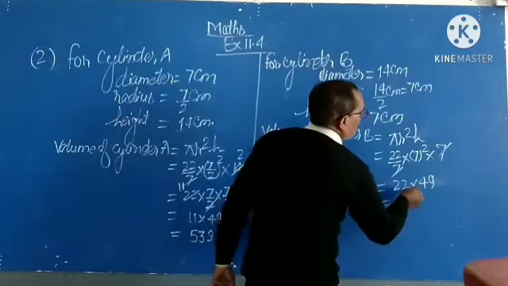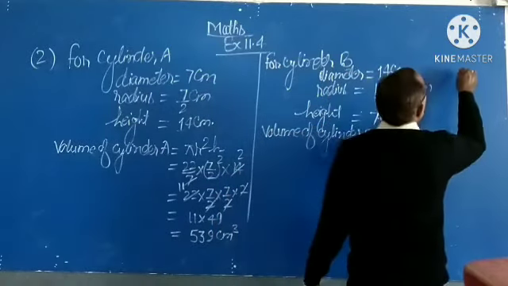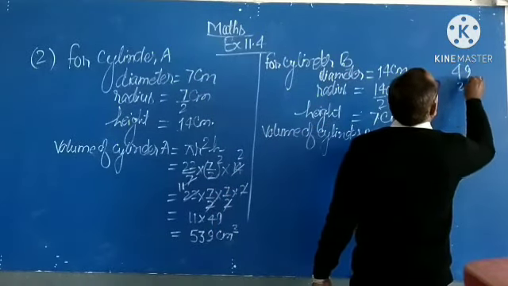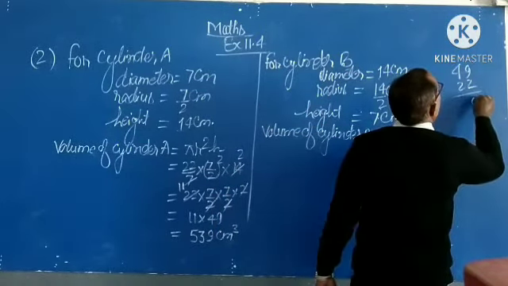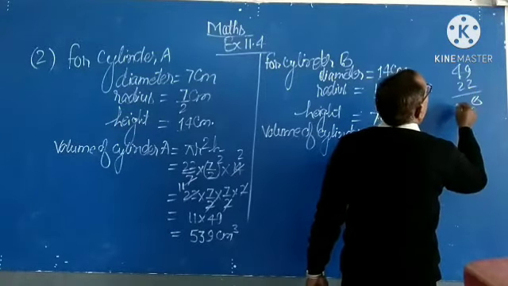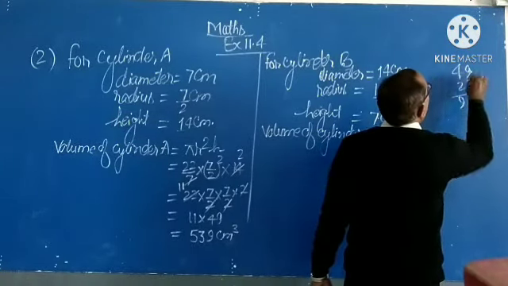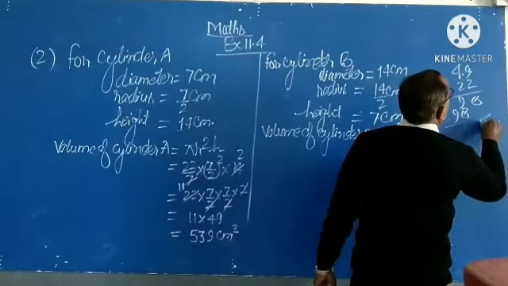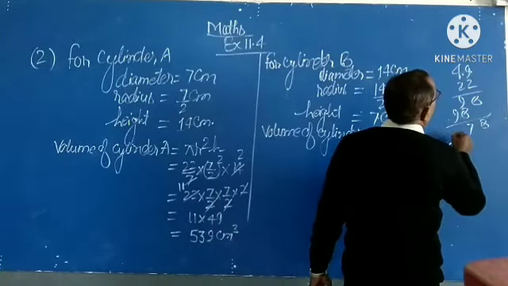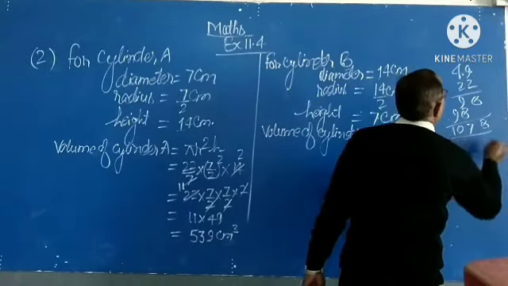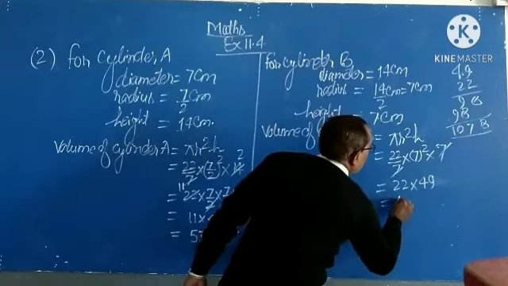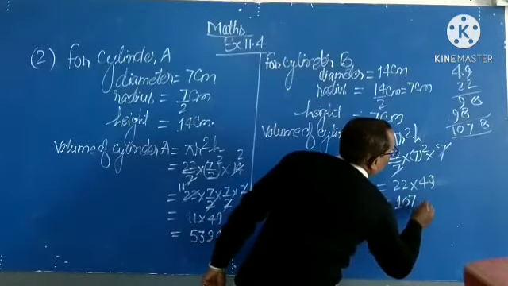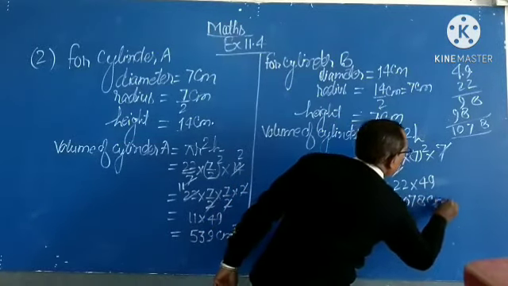You multiply 49 into 22, and you get 1078 centimeter cube.